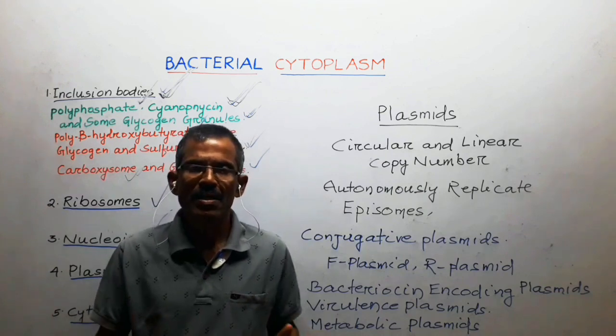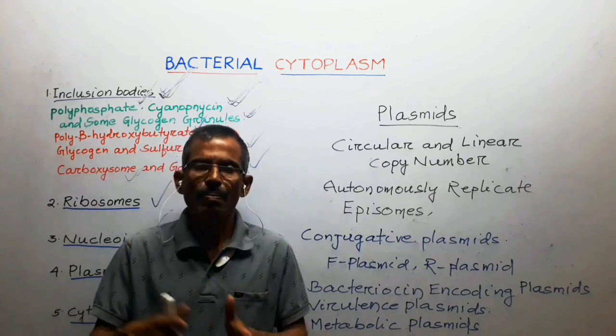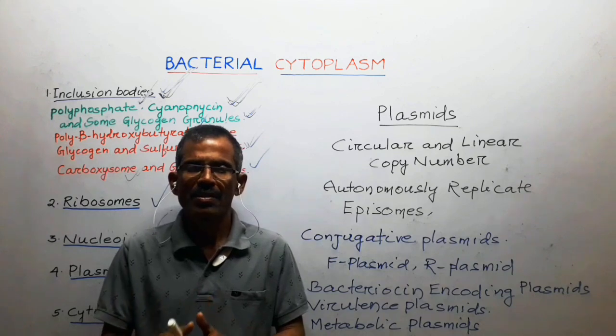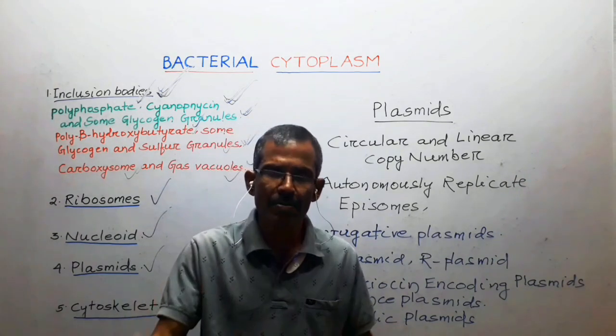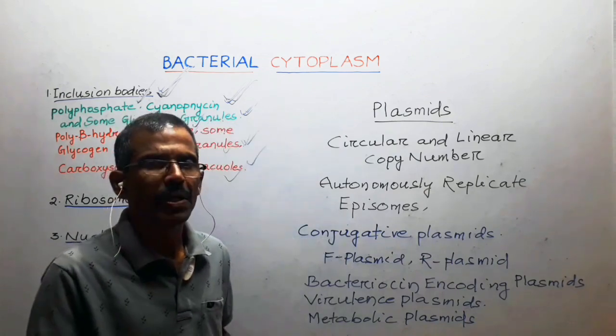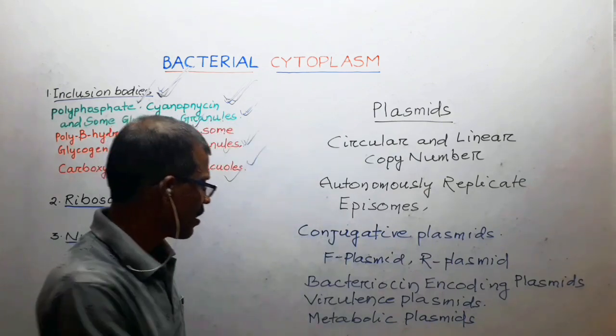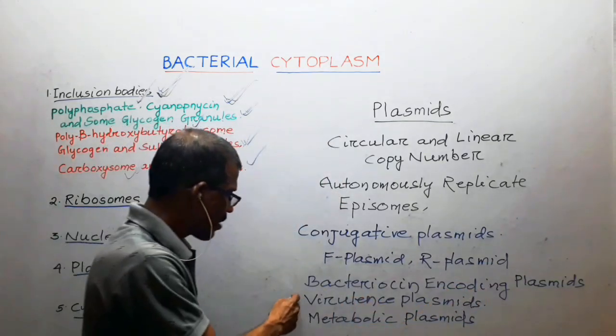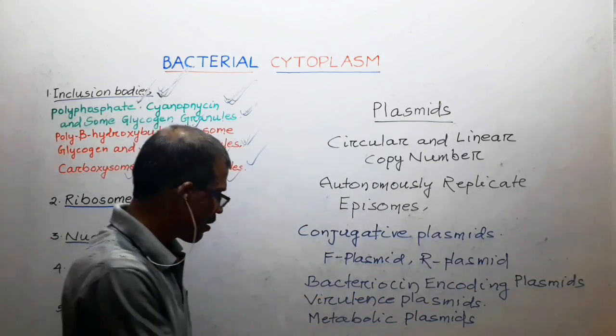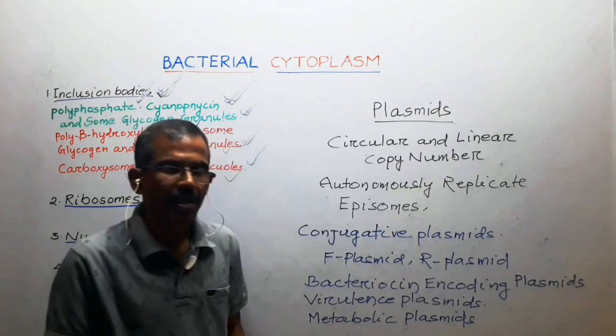These plasmids are called R plasmids or resistance factors. In addition to these, some other types of plasmids have also been discovered. They are bacteriocin encoding plasmids, virulence plasmids, and metabolic plasmids.